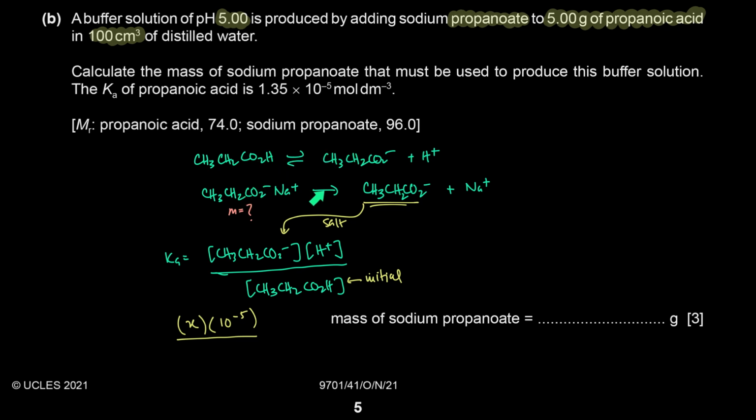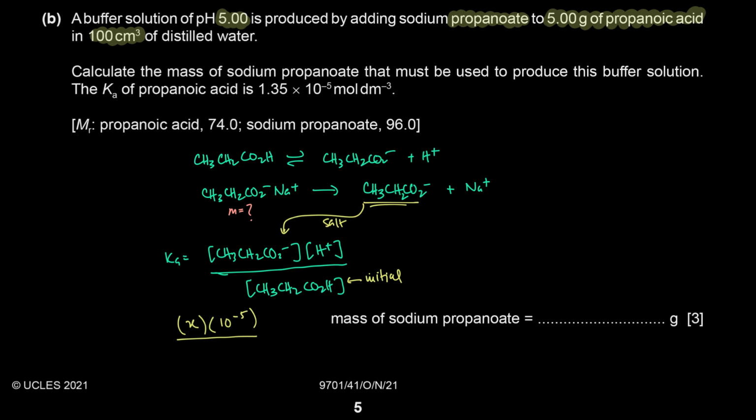So we can assume that all the base comes from the ionization of the salt, because this produces a lot more base. It's not that the acid's contribution isn't present, it's just an assumption to make our calculation simpler. And similarly, because the acid only barely ionizes, we can assume that at equilibrium, whatever concentration of acid we have is the same as the initial concentration.